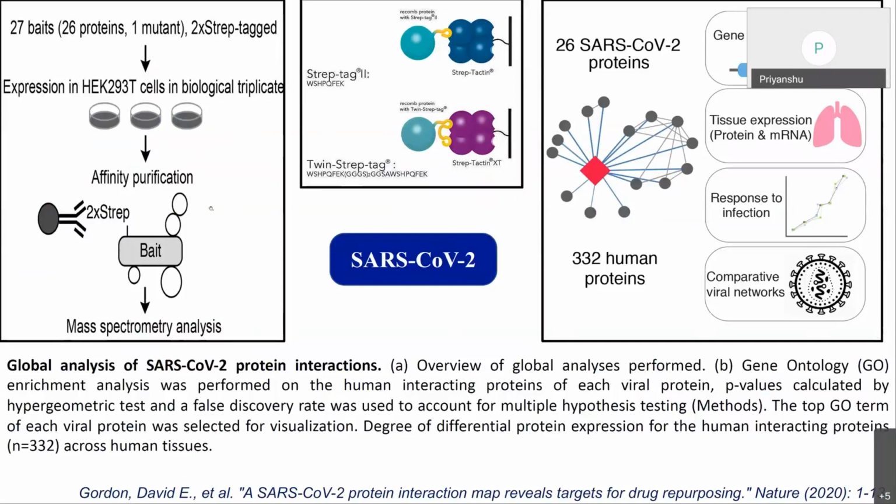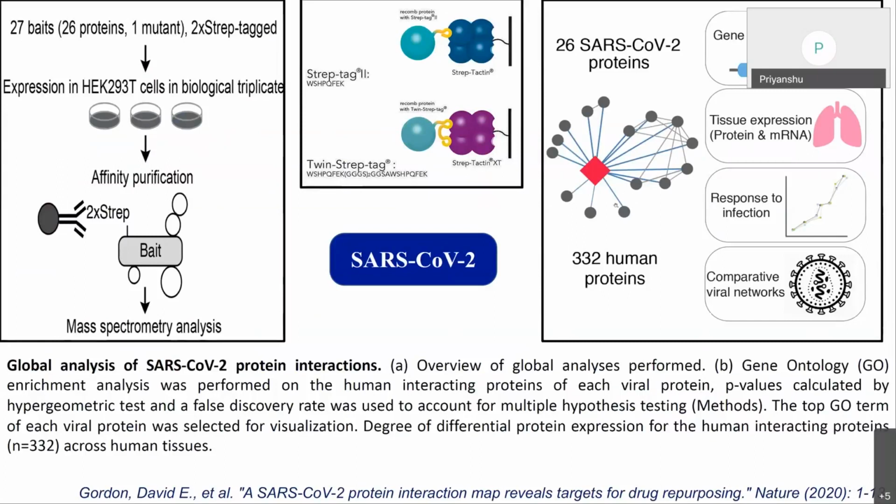Once they get the purification, they use it for mass spectrometry analysis. In the mass spectrometry analysis, they found 26 different proteins interact with 332 different human proteins, and these proteins are various and in different pathways.